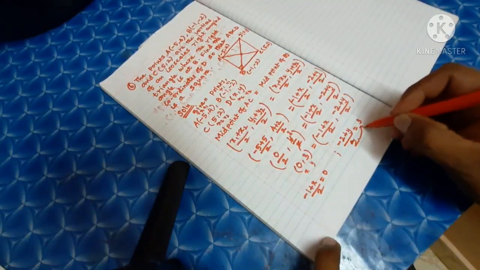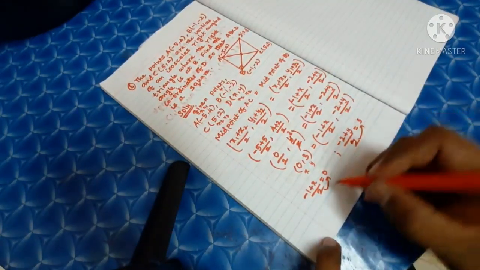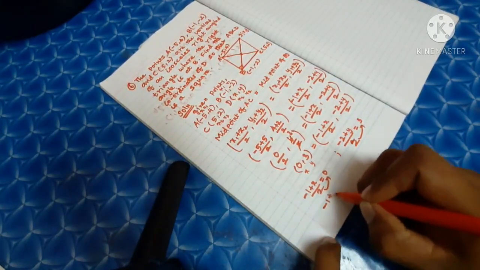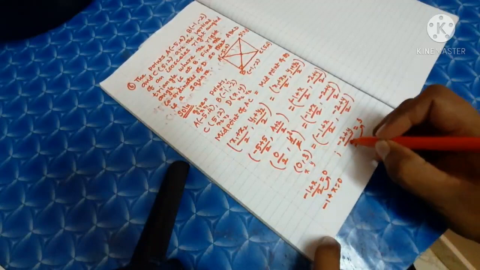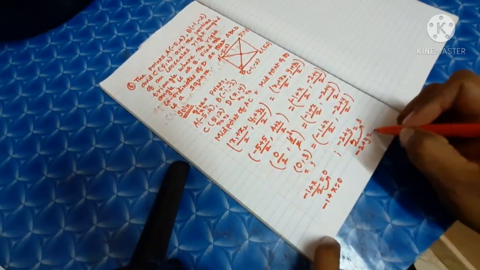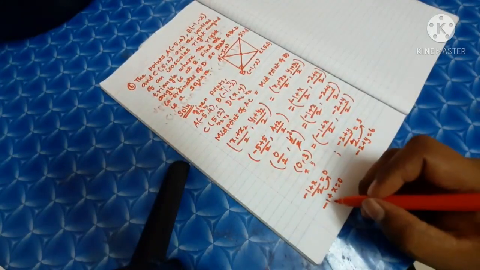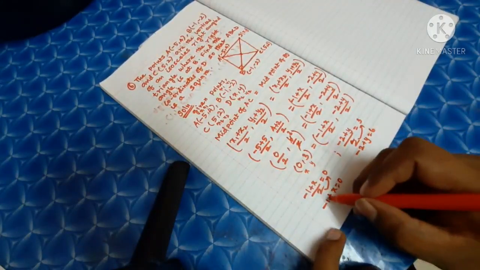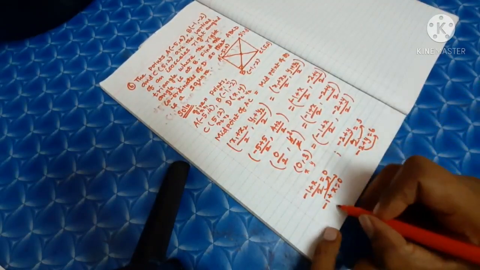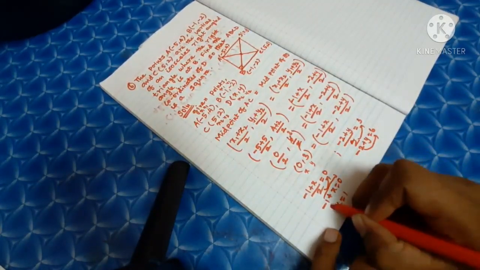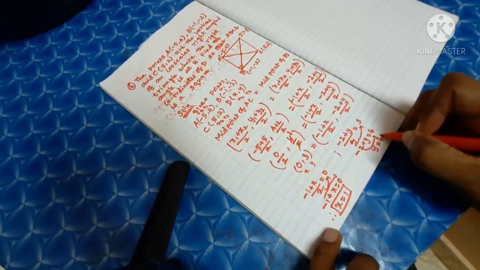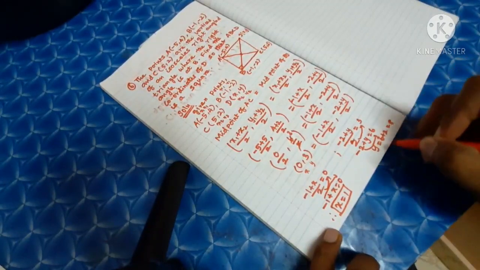Now multiply by 2: 2 into 0 is 0, so minus 1 plus x is equal to 0. 2 threes are 6, so minus 2 plus y is equal to 6. We have to find the value of x and y. So minus 1 changes into plus 1, minus 2 changes into plus 2. So x is equal to 1, y is equal to 6 plus 2, which is equal to 8.